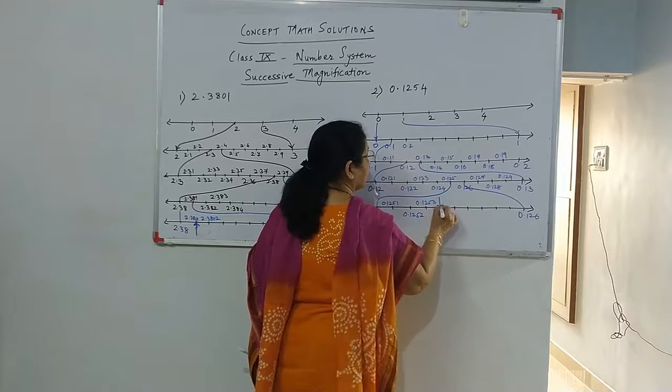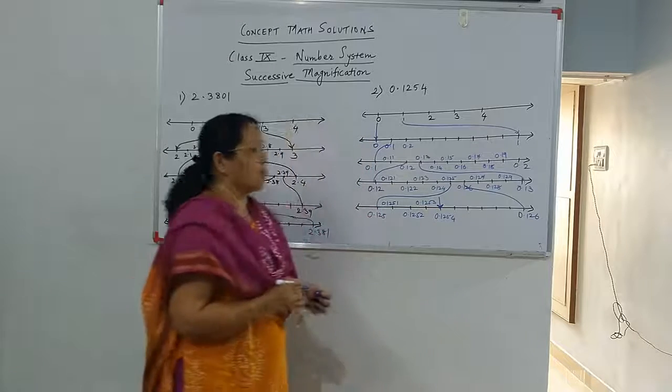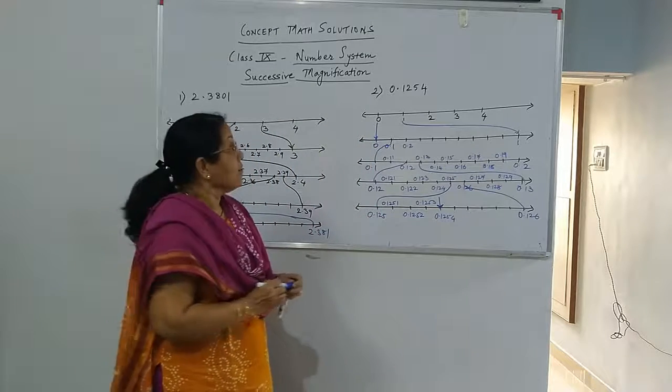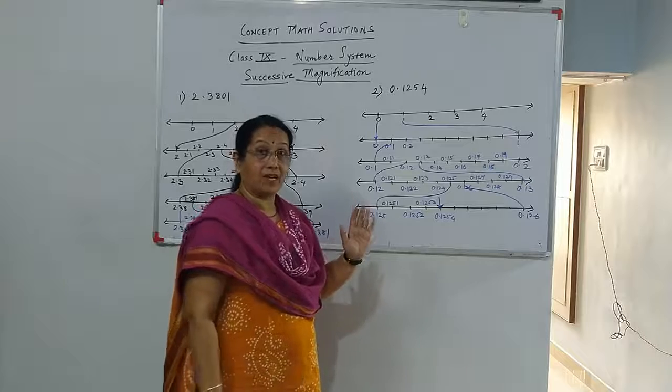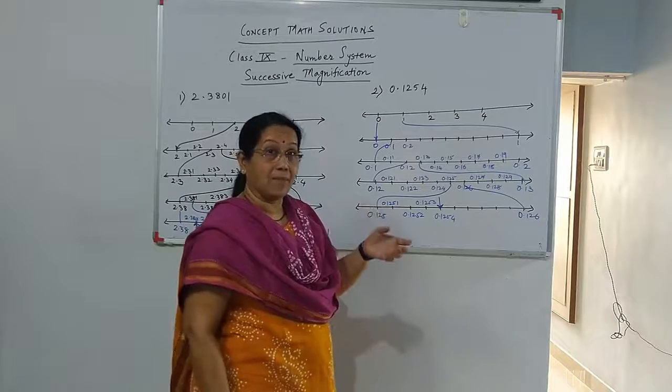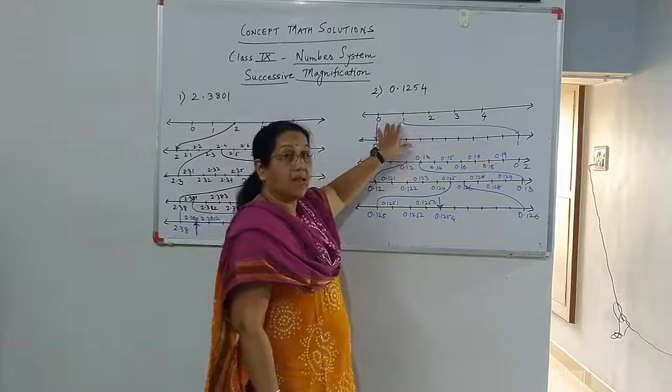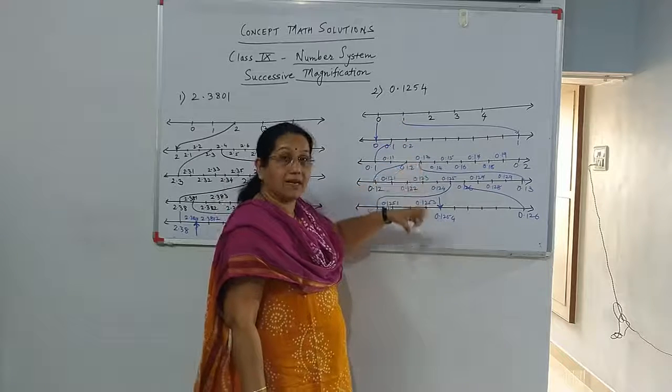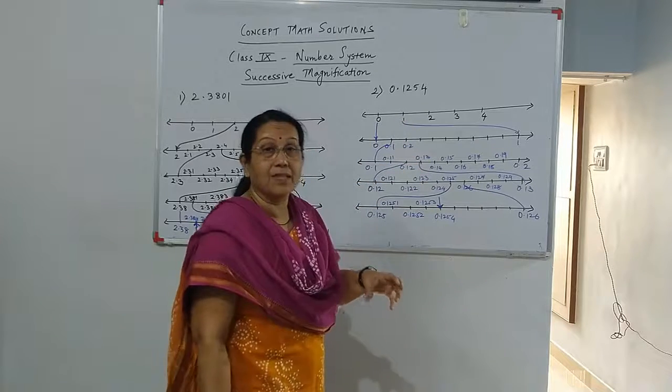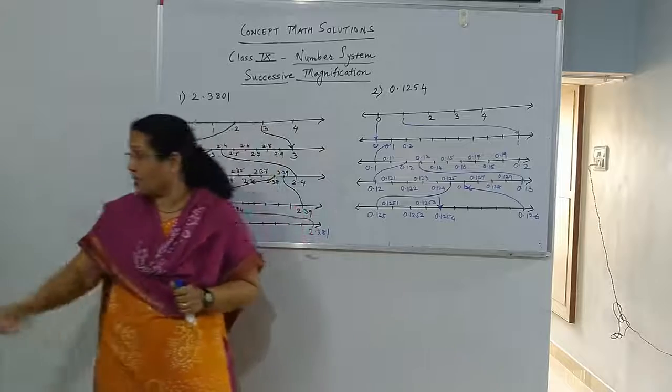This is the number which we wanted to locate on the number line. That is successive magnification. You have to take the number line, first locate roughly, then go on magnifying the areas and locate the number. That's the method of successive magnification.